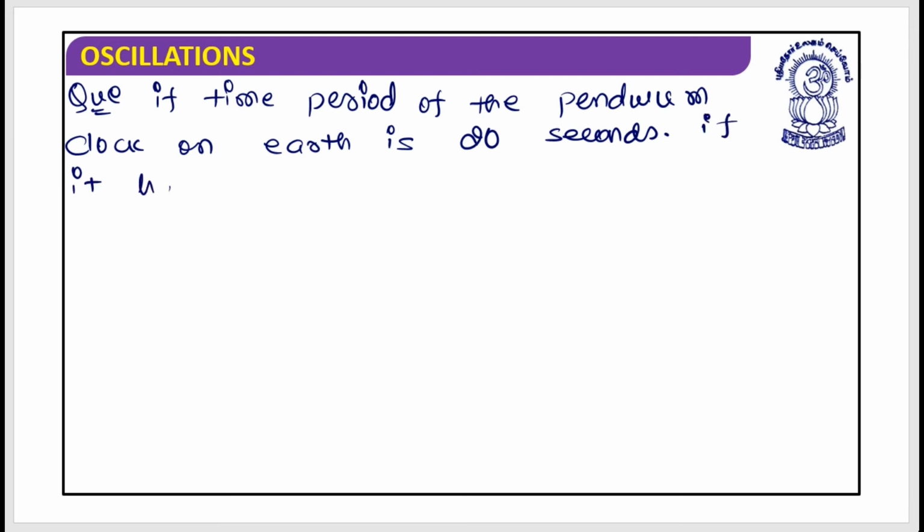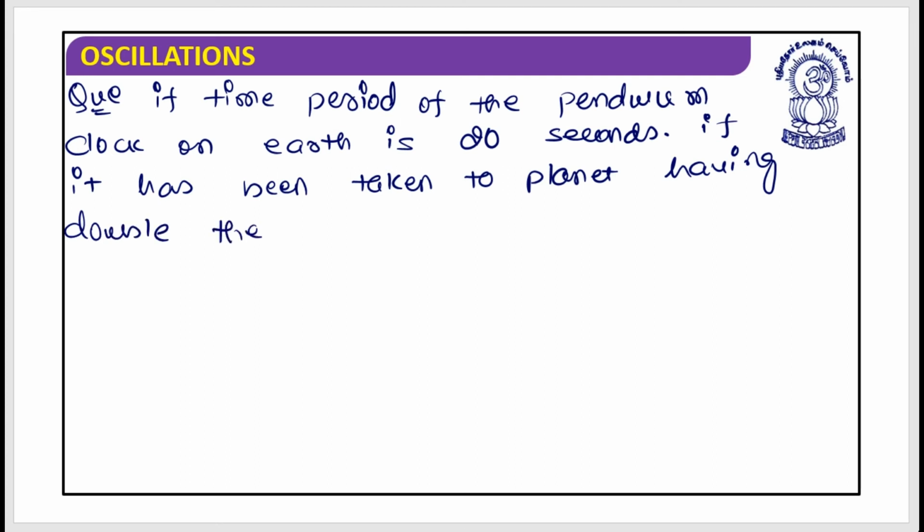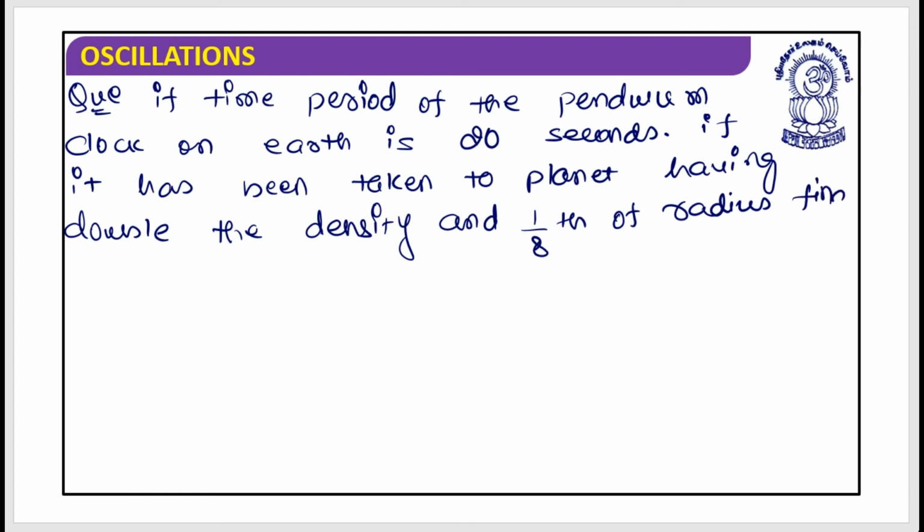If it has been taken to a planet having double the density and 1 by 8th of the radius, find the time period on that planet. How will you do this?